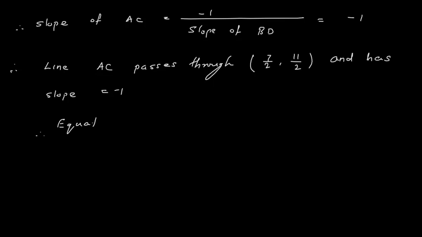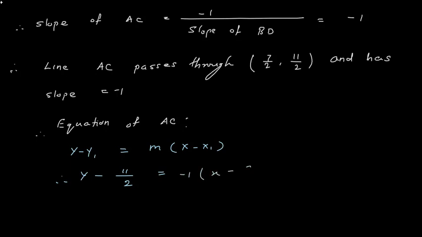Therefore the equation of AC is y minus y1 is equal to m into x minus x1. So it is y minus 11/2 is equal to -1 into x minus 7/2.